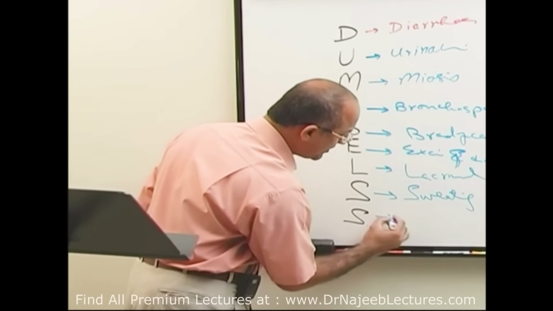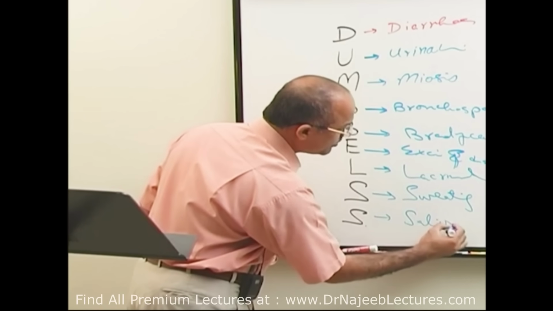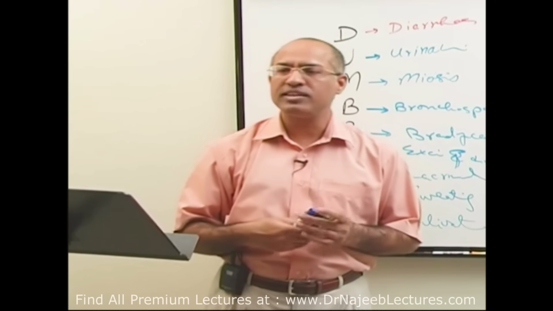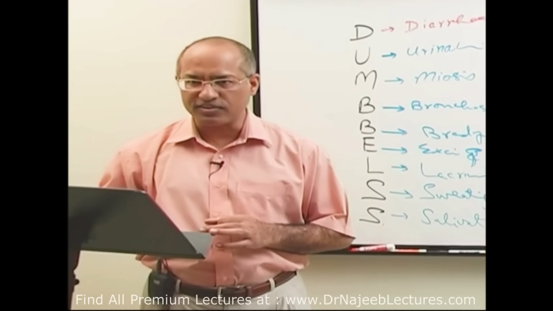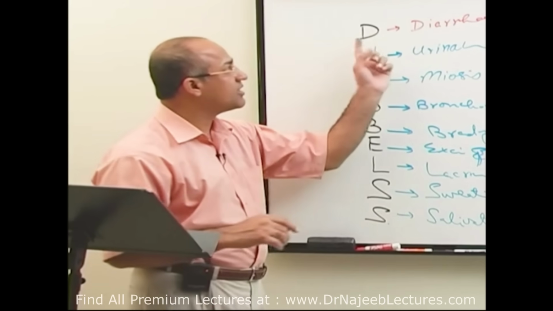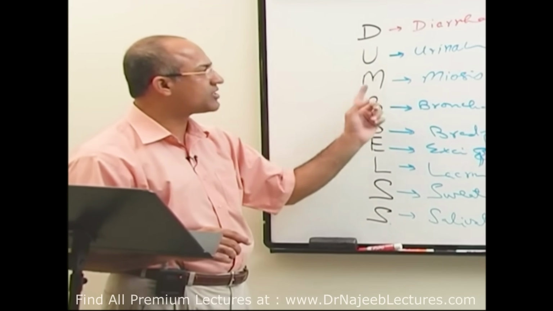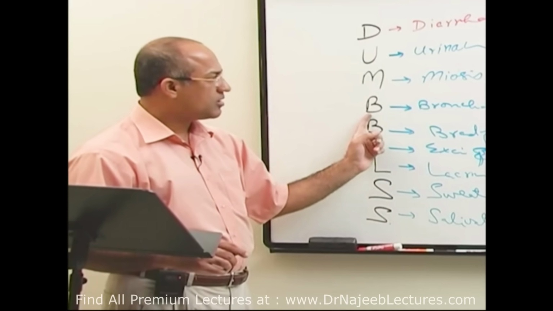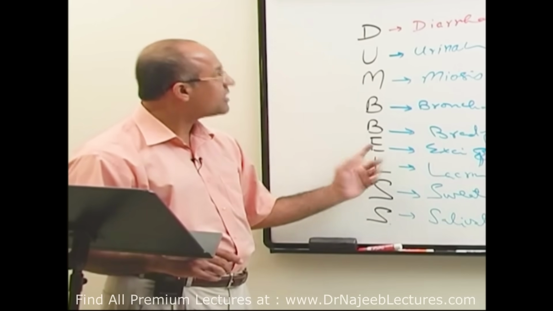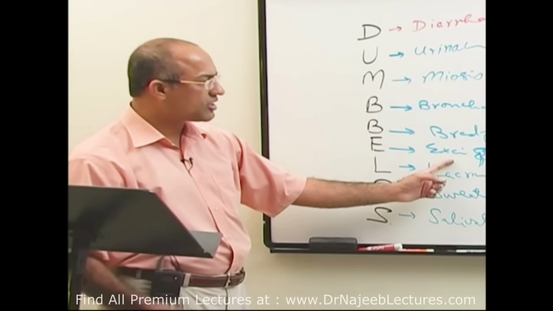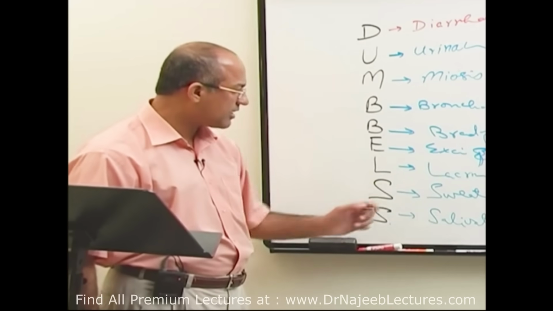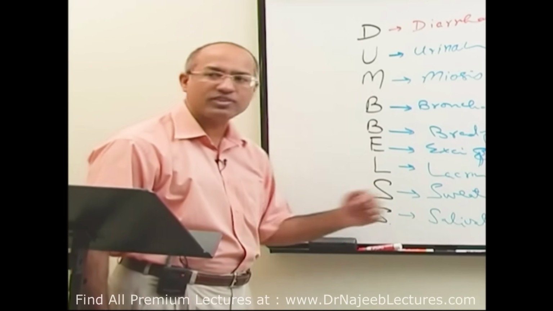This is very important to remember, what happens to a person when he has cholinergic crisis. Again, one way is to remember from DUMBBELS: D for diarrhea, U for urination, M for miosis, B for bronchospasm, another B for bradycardia, E for excitation of the central nervous system and skeletal muscles, L for lacrimation, S for sweating, and S for salivation.